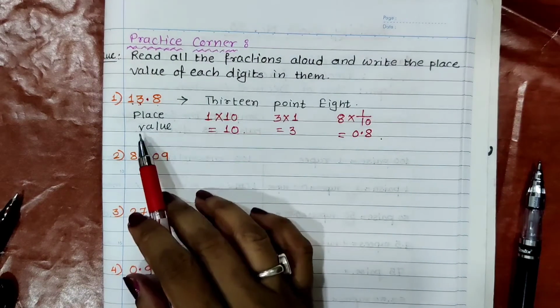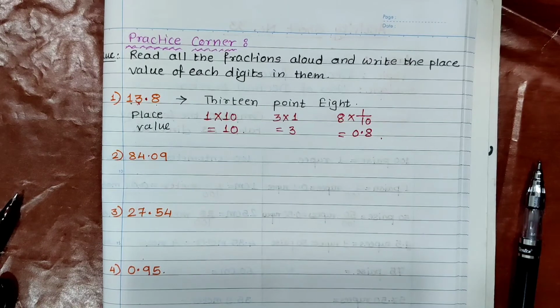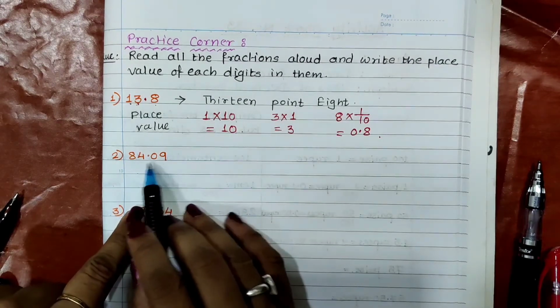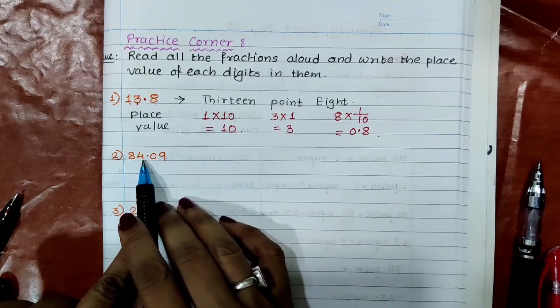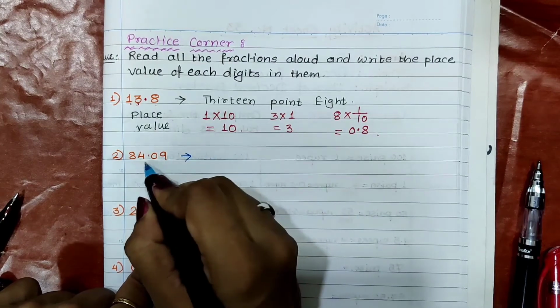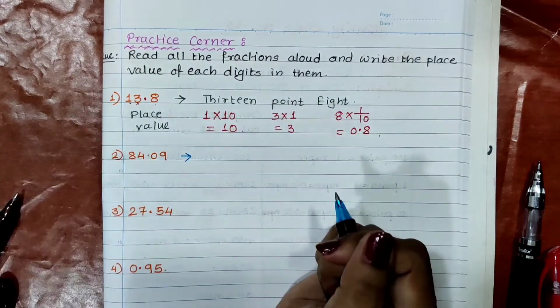Otherwise, if you want, you can write the digits, place and place value. That way also we can write. So the second sum we will be writing in that way only. So first write the number in words. That means how we will be reading it. 84.09. How to read it? On the left side we have to read the number. On the right side we have to read the digits.